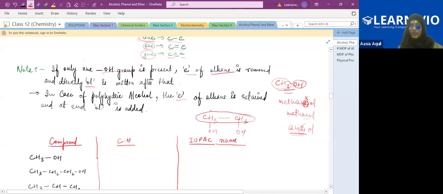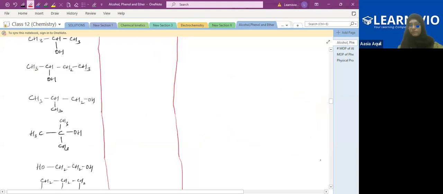See, this is a parent chain, a 2 carbon chain, so you will write ethane, the whole ethane. In ane you do not have to remove E because there are two hydroxyl groups, right? Two hydroxyl groups are present, so you will not omit the letter E from the alkane word. So ethane, ethane-1,2-diol.